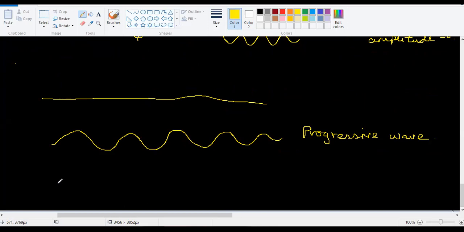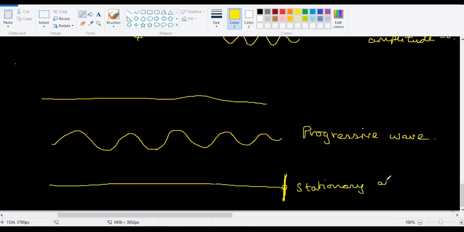You take the rope and you hold it stationary at one point. So when the wave is going here, listen carefully.